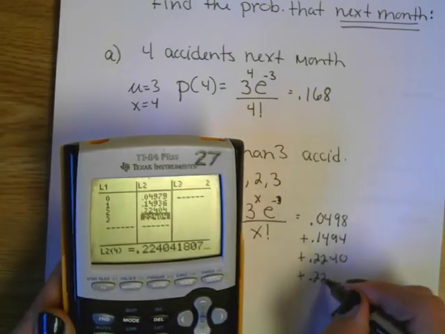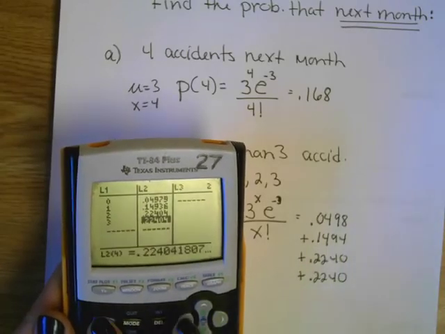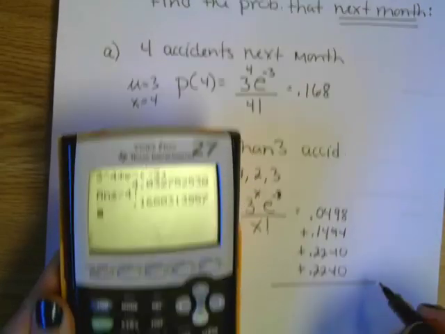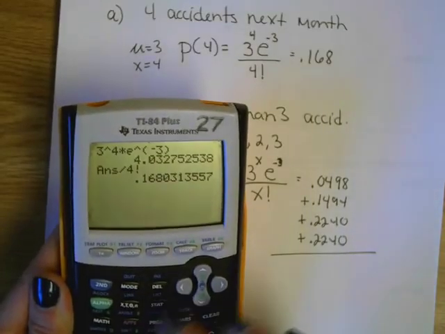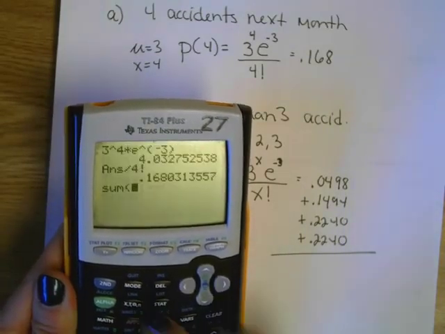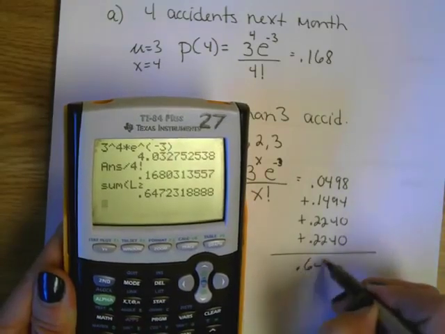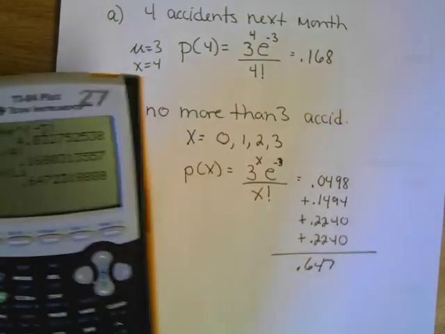Then I'll just have the calculator sum up L2. Where is that? List, math, sum, L2. Pretty good chance.